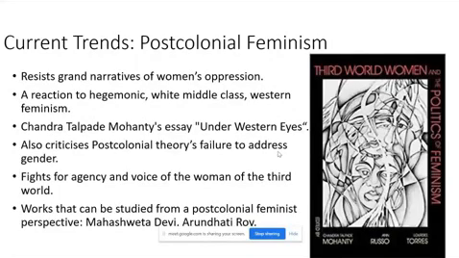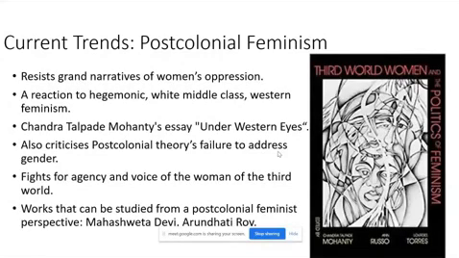So it resists the idea of the white woman speaking for the woman in the third world and just speaking on her behalf without putting her in a historical or a cultural perspective. So it is a reaction to the hegemonic discourse of white feminism, which the woman of the third world is not able to relate to.